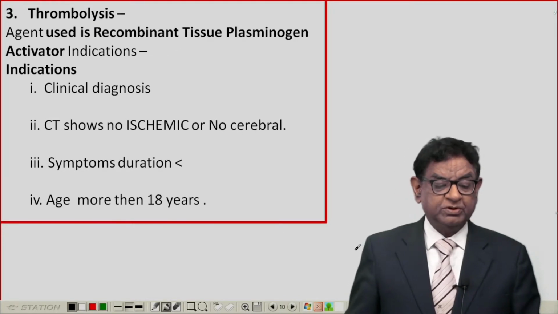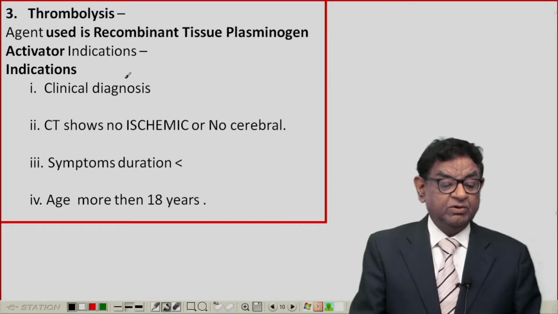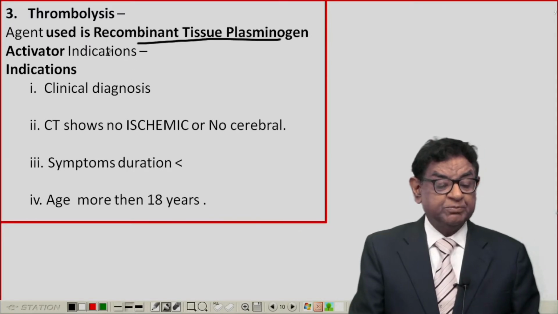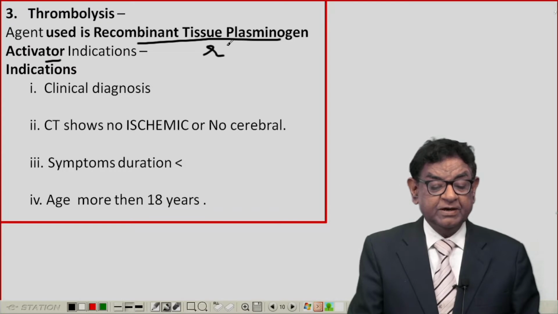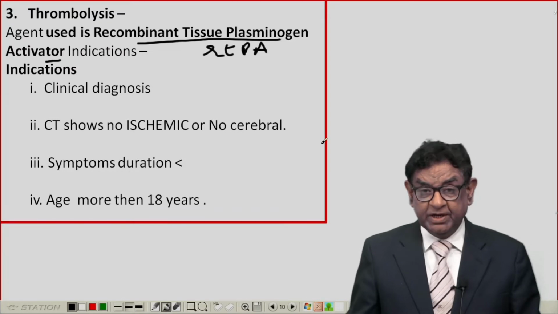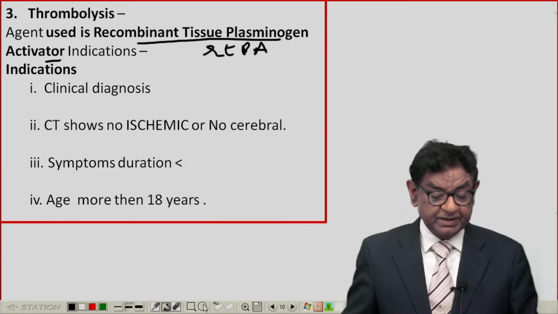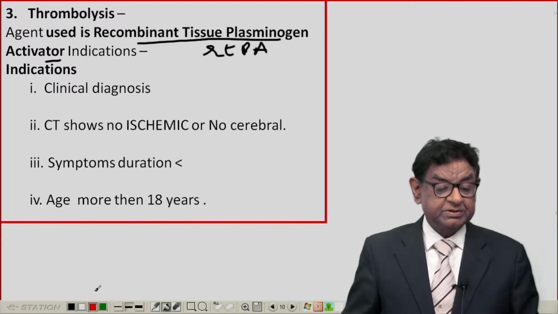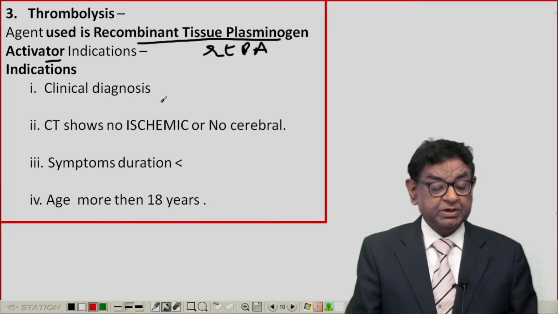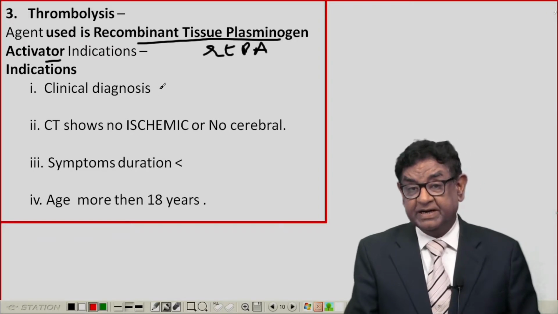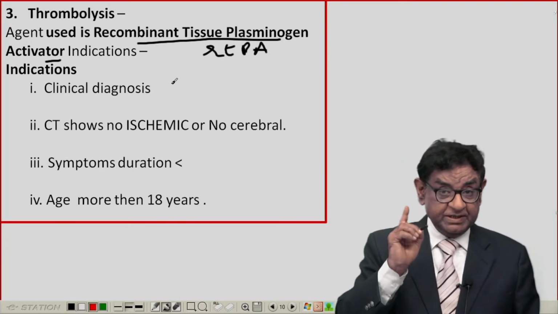Now, the third entity is to take care of the thrombus. So we go for thrombolysis, and we use recombinant tissue plasminogen activator, RTPA. It's the only one which has been approved for this. When we use it, first of all, we are sure that our clinical diagnosis of ischemia is there.